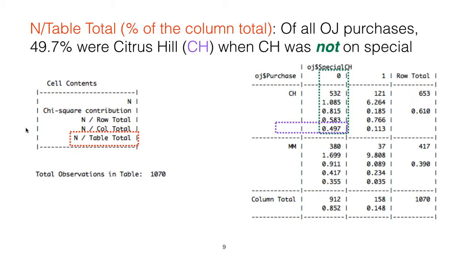Continuing, we have the last metric, which is N divided by table total, which is 532 divided by 1070. What does this mean? This means that out of everyone that purchased orange juice, 49.7% were Citrus Hill purchases when Citrus Hill was not on special.